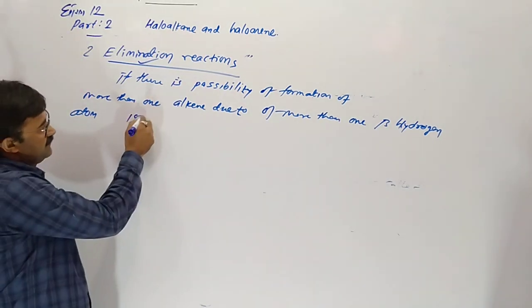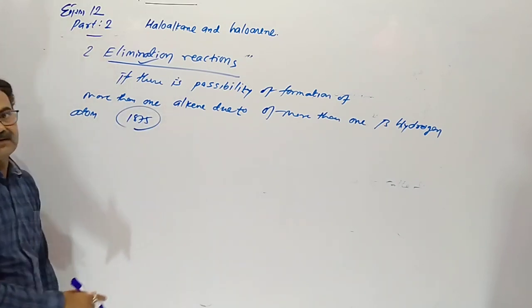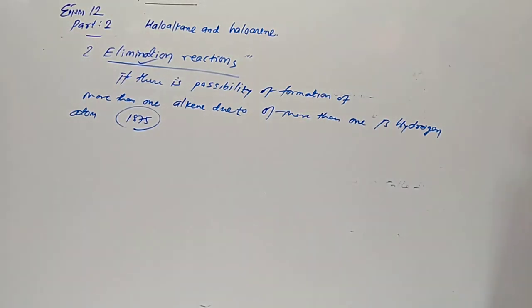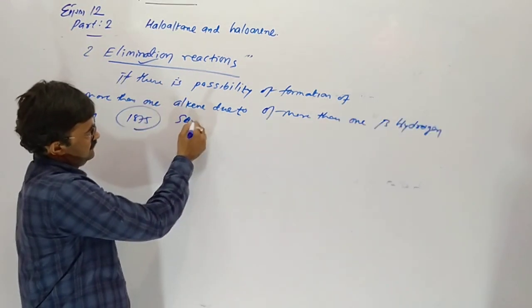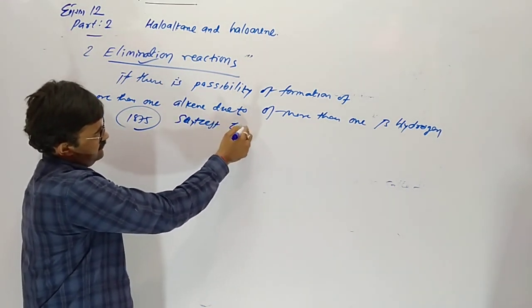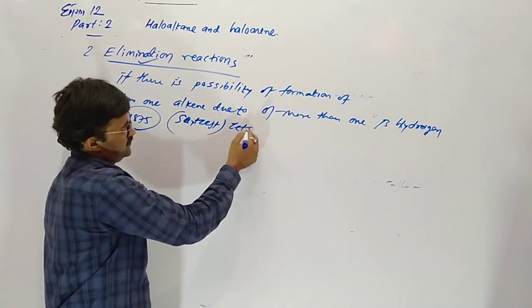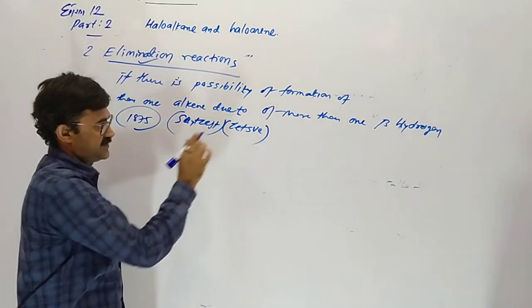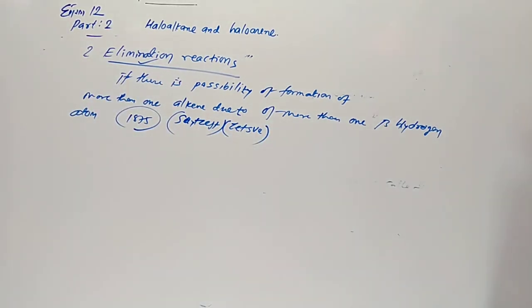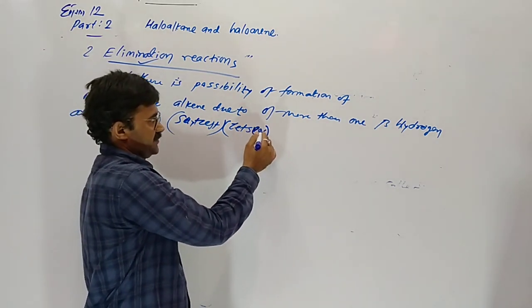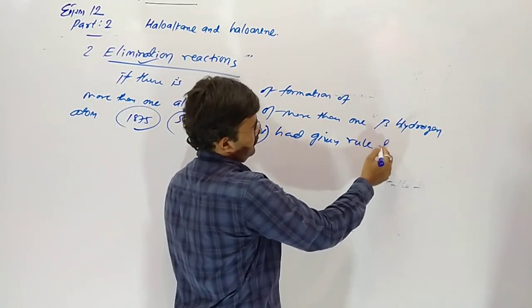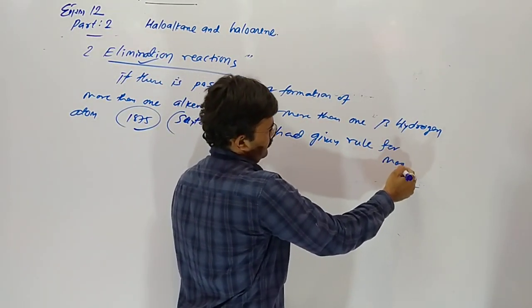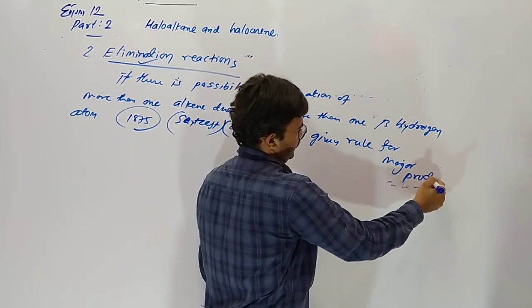So in the year of 1875, the scientist Zaitsev gave a rule for the major product.